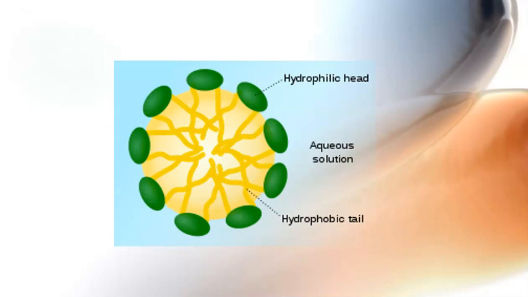So the yellow blob in the middle is basically your fat, grease, oil, dirt molecule. Or blob, not really a molecule, it's more like a particle. And these green blobs with the kind of wiggly tails are your carboxylate chains. So you've got the carboxylate group at the end, that's the hydrophilic head, and that's dissolved in water, which is the blue stuff around the outside.